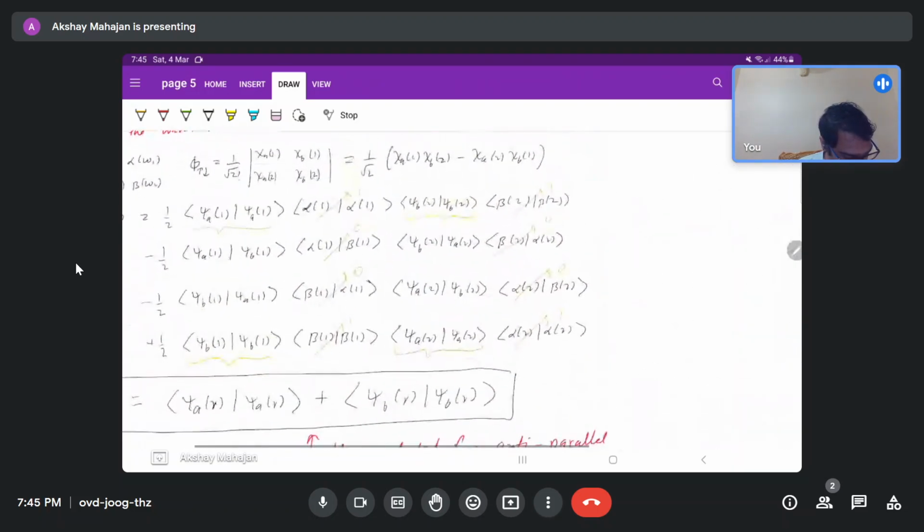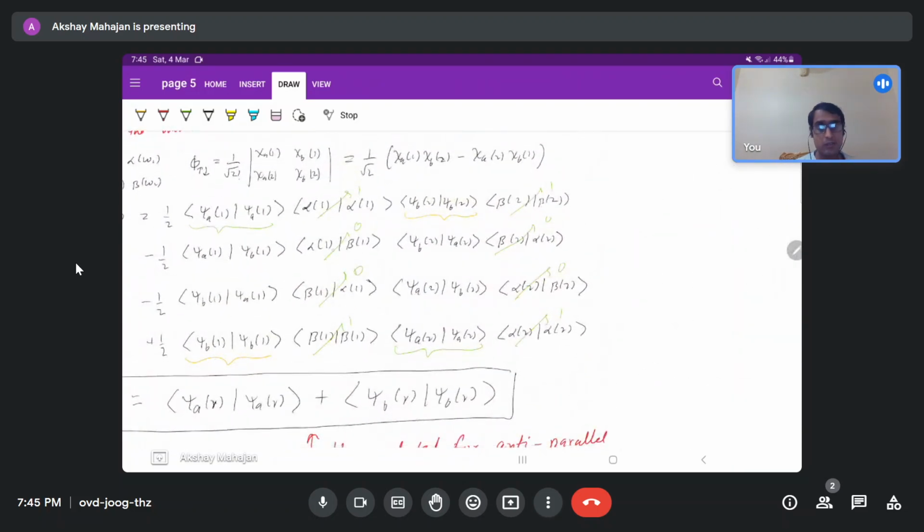But what else will be there? There will be these two terms, which will not be 0; we will have 1s. Because of this, again you can check, this one, psi A of 1, psi B of 1, and you take the psi B of 1, psi A of 1 term.